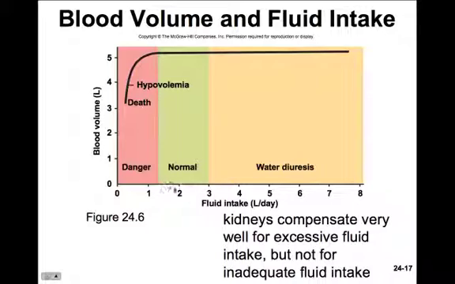However, if we're taking in 2 to 3 liters on average, of course, this is at sea level and normal temperatures, so we're much more susceptible to this hypovolemia at altitude. We can increase our water intake by many liters a day and we'll still maintain the same blood volume.